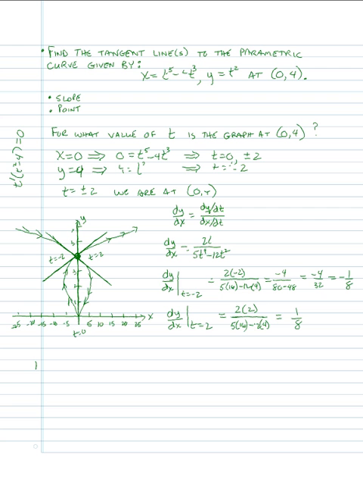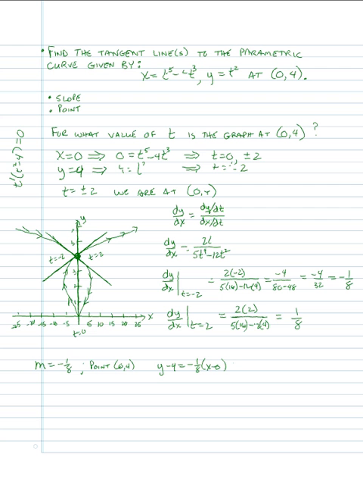So in the case of the -1/8 slope, remember our point is (0, 4), isn't it? So we would get y minus 4 is equal to our slope, -1/8 times x minus 0.